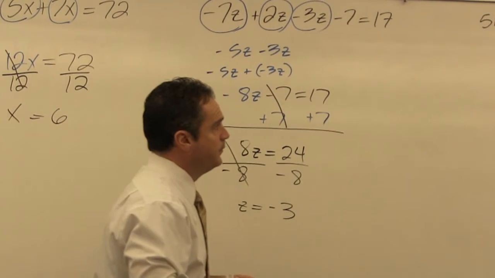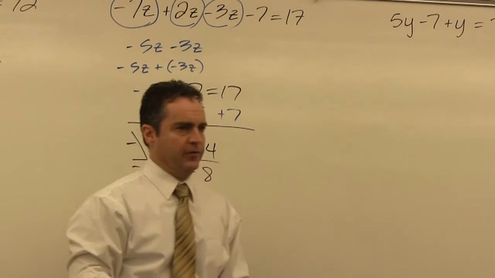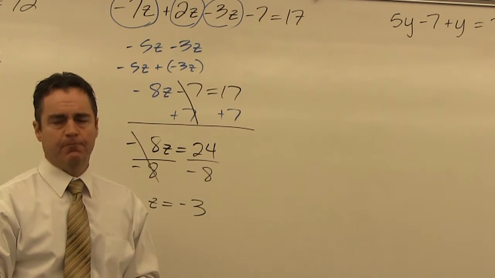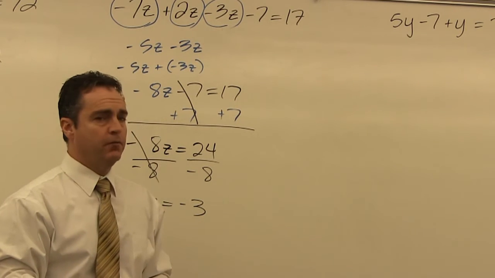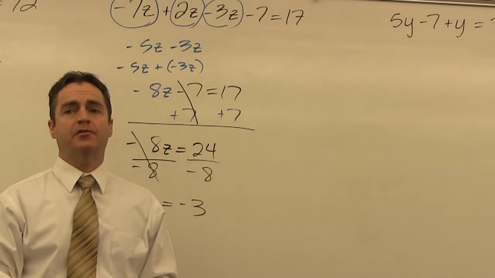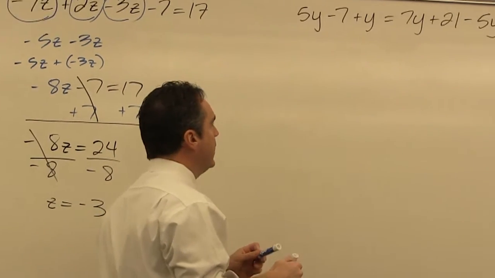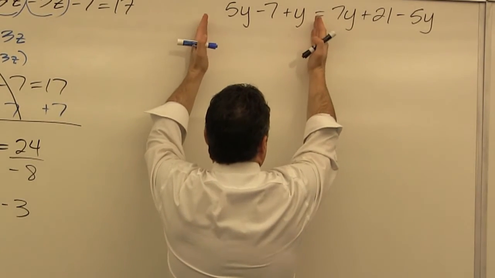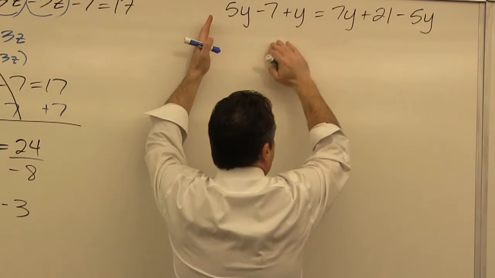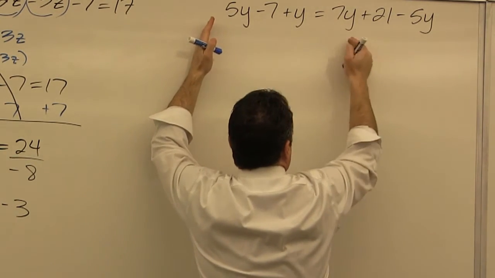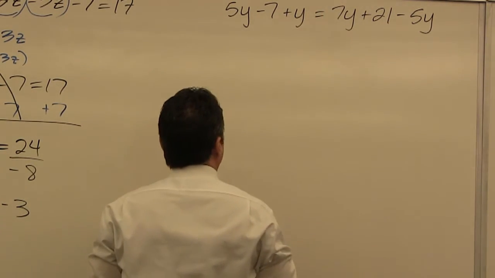The next one, do you have fractions in this problem? Nope, you do not. Do you have parentheses? No, you do not. Do you have like terms? Yes, you do. Okay? And we're going to go back to what I just talked about. Do you have like terms on this side of the equal sign? We're not talking about joining them across the equal sign, but on this side. You do? Very good.